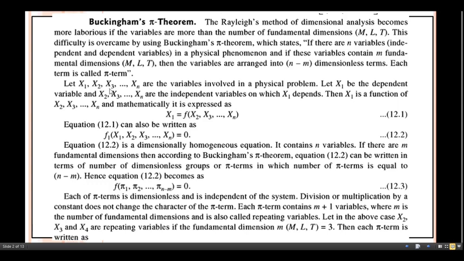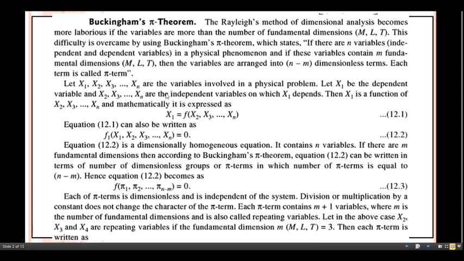Let x1, x2, x3 up to xn be the variables involved in the physical problem. Let x1 be the dependent variable and x2, x3 up to xn be the independent variables on which x1 depends.